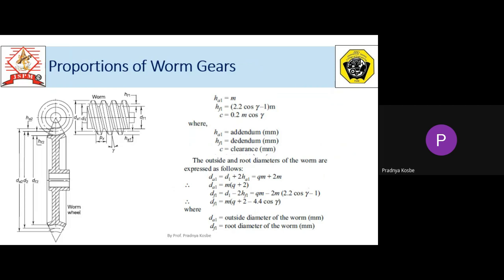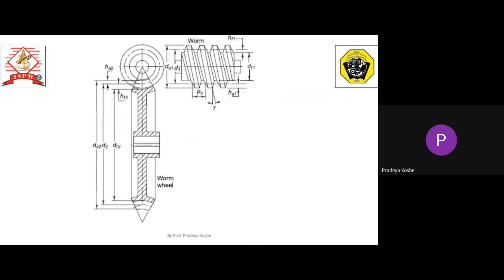Now we'll see proportions of a worm gear. Here in the figure we can see this is the worm, this is the worm wheel. Now for the worm, D1, here it is D1. D1 is the pitch circle diameter of the worm.